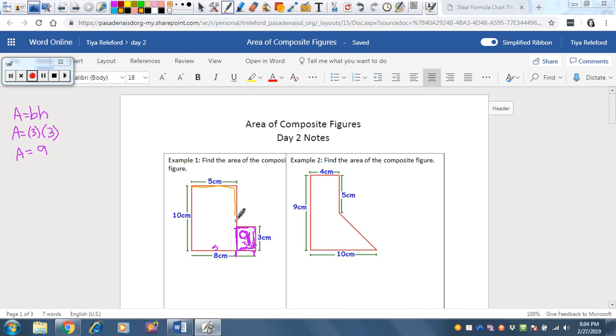And then you're going to trace the other rectangle. Now the dimensions for this rectangle are much easier to see. So you need a formula. You need the base, and you need the height.